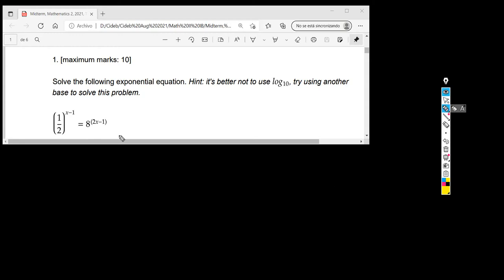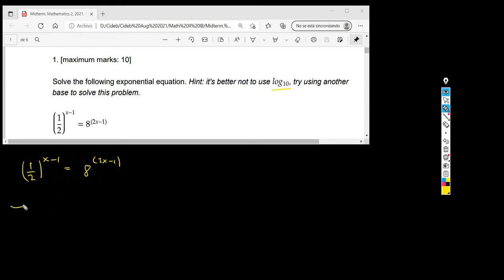So let me write down the equation over here. There you go. And I'm going to begin by taking the logarithm base 2 of both of these two expressions.